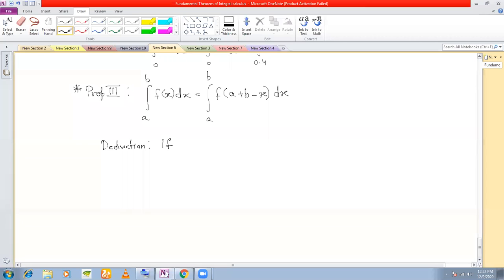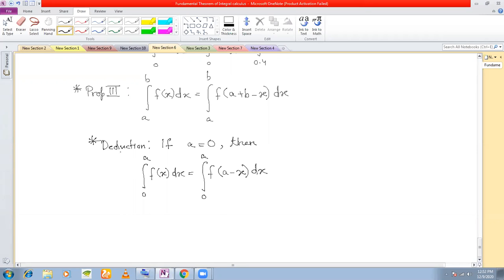If I take a equal to 0, then this integral becomes integral 0 to a fx dx is equal to integral 0 to a f a minus x dx. Very important property. Both of these properties are important because we will have applications of both.